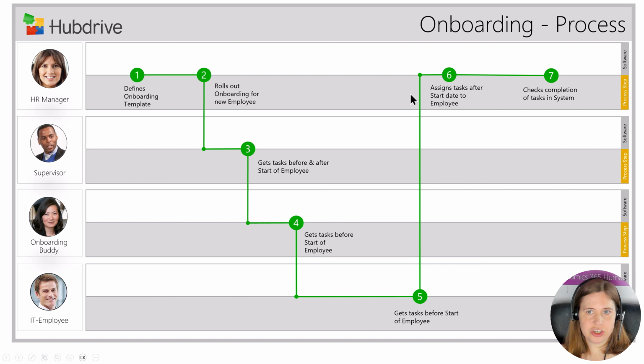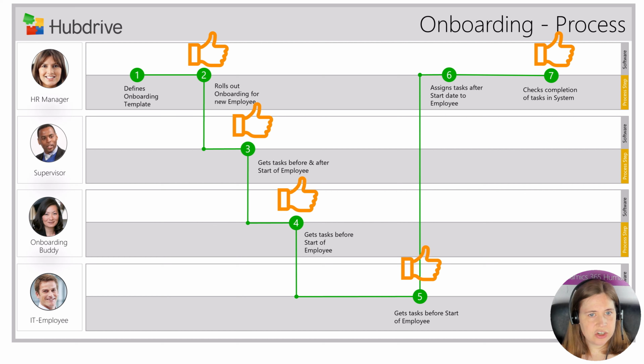At every step of the way, this offers a number of advantages for you and your company because the onboarding is structured well. Everybody knows what they have to do. We know if the tasks are completed or not, and the new employee is welcomed in a good way. Let me show you this in the system as well.